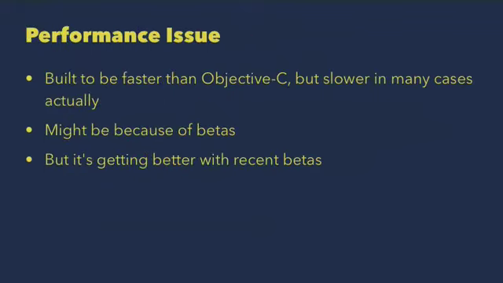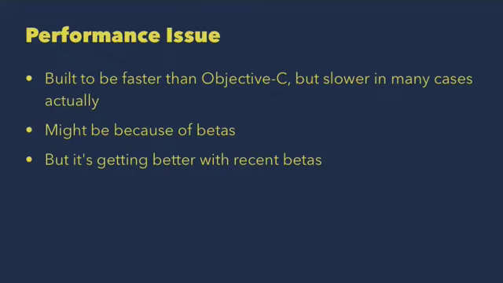Okay, another reason is that Swift still has some performance issues. It was built to be faster than Objective-C, but in many cases it's actually slower. For example, a sort algorithm in Swift might be slower than in Objective-C. That's not what Apple said, right? Yes.